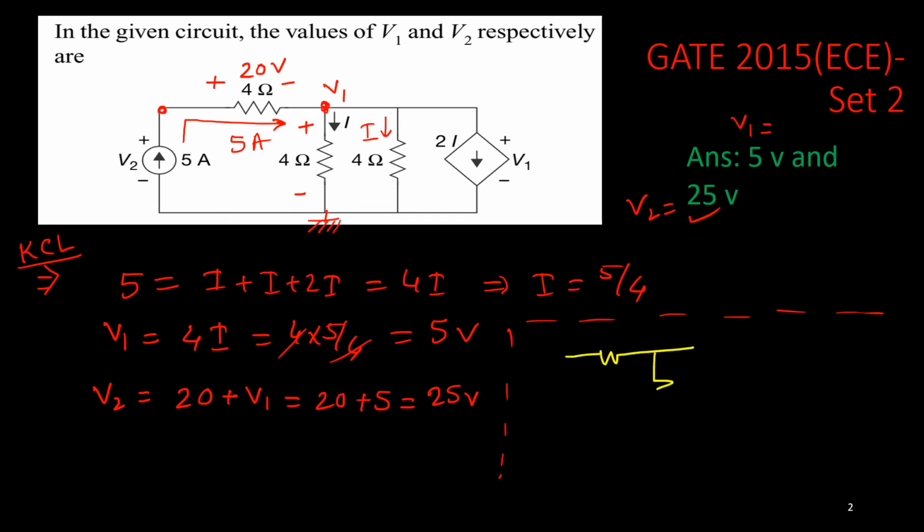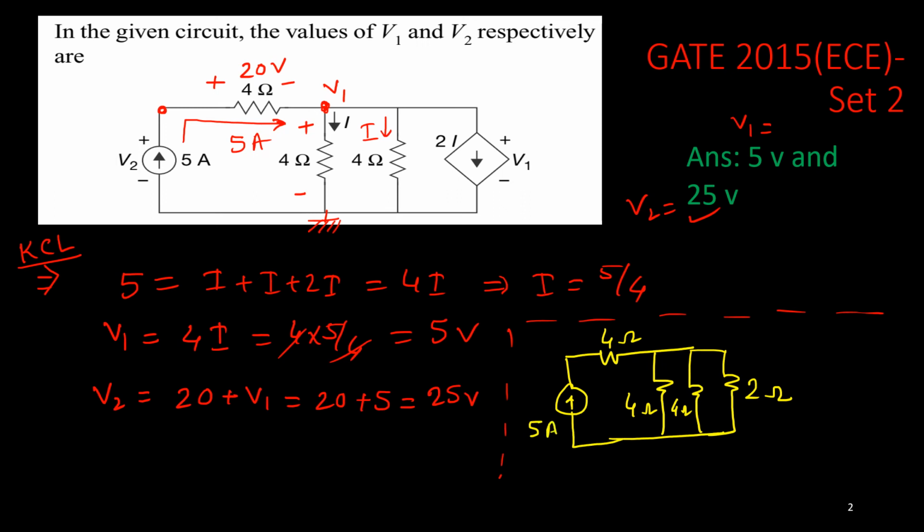Now we get only a resistive circuit without any dependent source, only independent sources. This is your 4 ohm, this is 4 ohm, this is your 2 ohm, this is again 4 ohm, and there is one current source here, that is your 5 ampere.